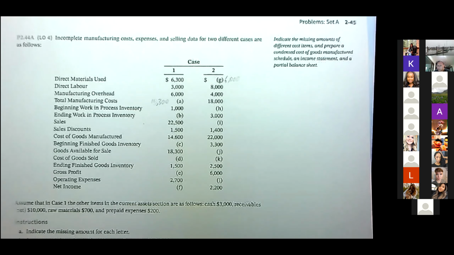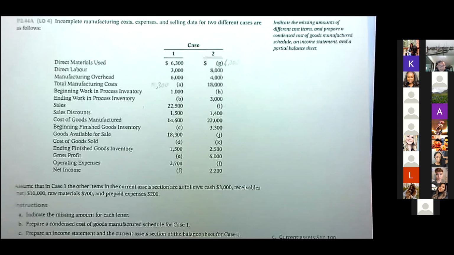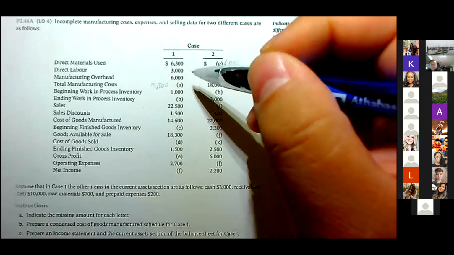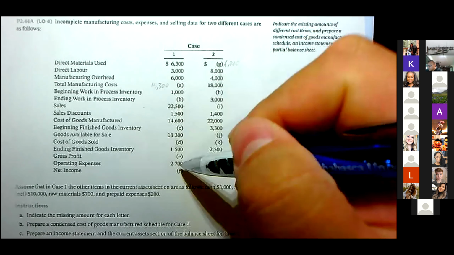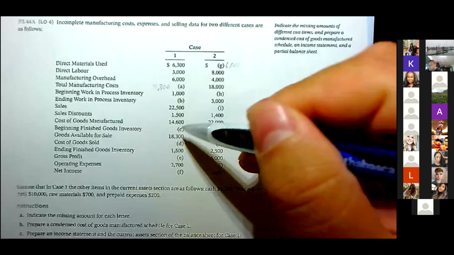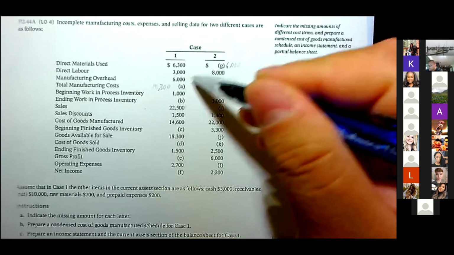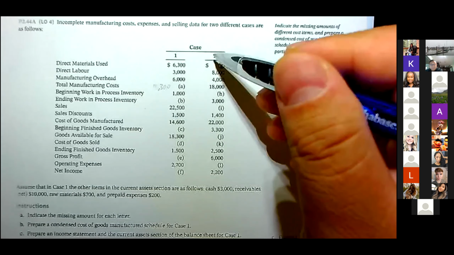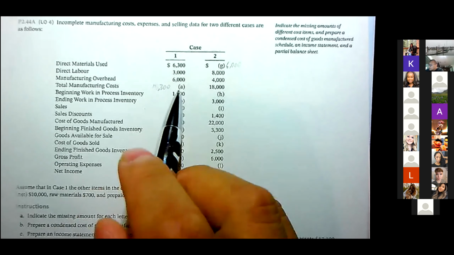Instruction A is to indicate the missing amount for each letter. On these two columns there are some missing numbers, so our job is to calculate those missing numbers.